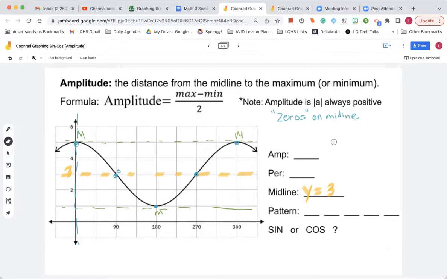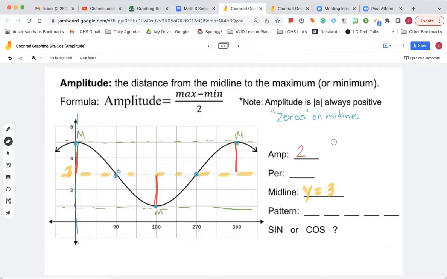So I look here and go, okay, how far is it from the midline to the maximum or the midline to the minimum? From here to here, here to here, here to here, it's all the same. And it happens to be 2. So that's why we know our amplitude is 2.